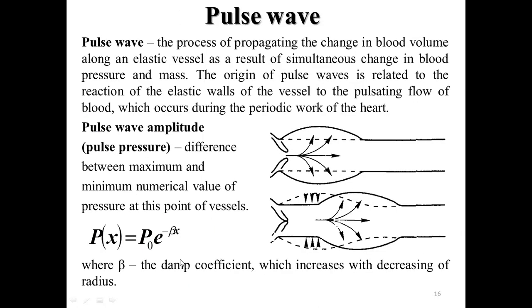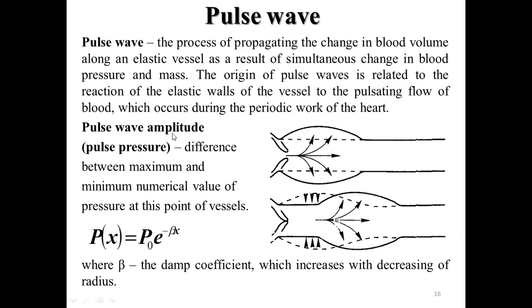Pulse wave represents the process of propagating the change in blood volume along an elastic vessel as a result of simultaneous change in blood pressure and mass. The origin of such waves is related to the reaction of the elastic walls of the vessel to the pulsating flow of blood, which occurs during the periodic work of our heart.